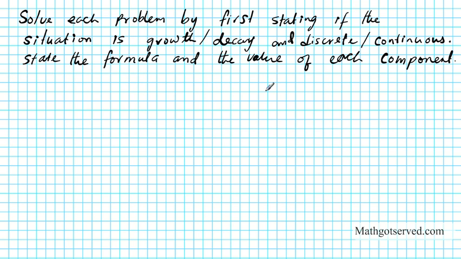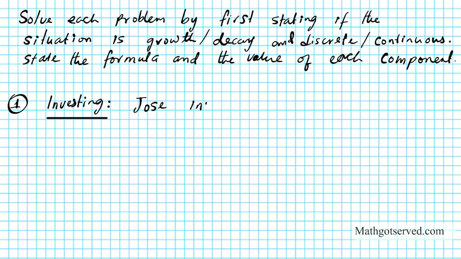With that in mind, let's start with question number 1. Question number 1 is a problem on investing. This is the problem. Jose is very rich.